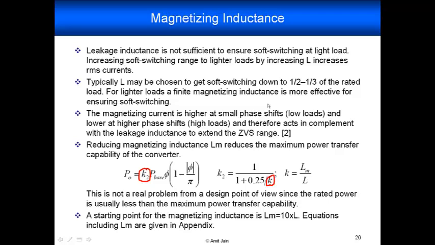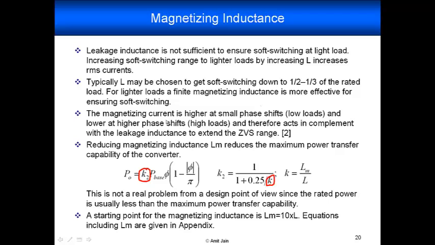This does not translate to a significantly higher RMS current, as you would have if you were trying to achieve ZVS just with the leakage inductance. And it acts in complement to the leakage inductance.